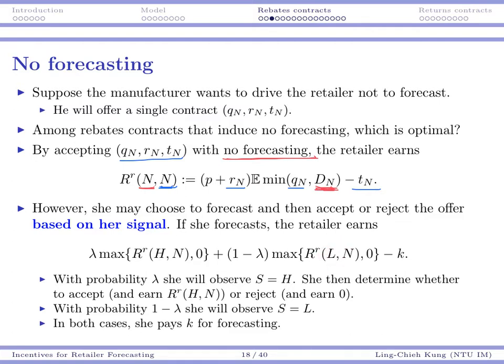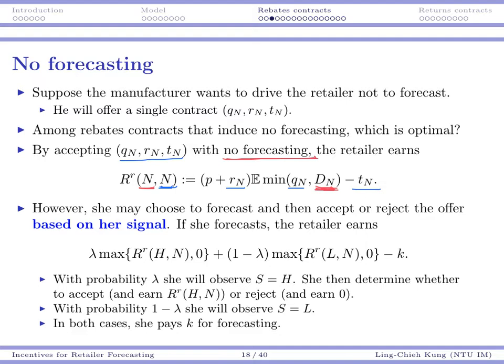In either case, the retailer has the option to accept or reject the contract. For example, if the retailer sees that the demand is very bad, then the retailer has the option not to select this offer, because that offer may give the retailer a negative profit.